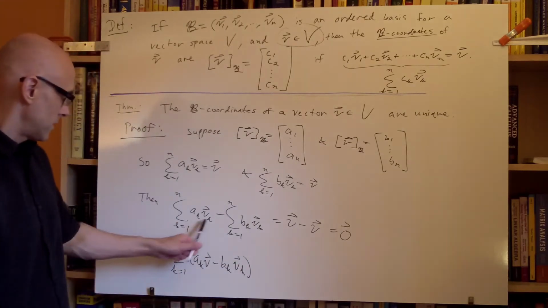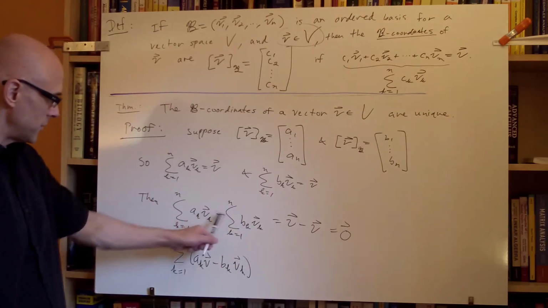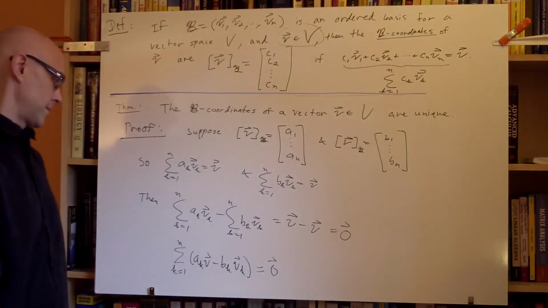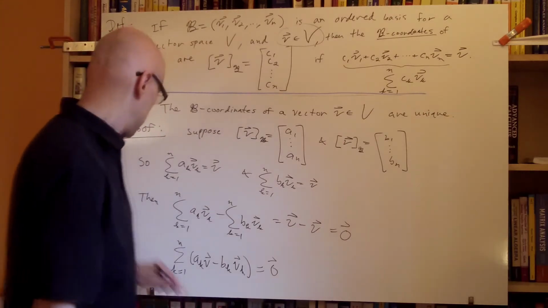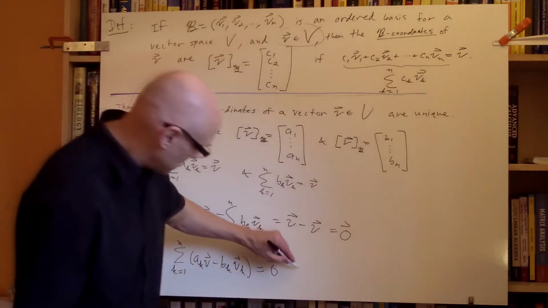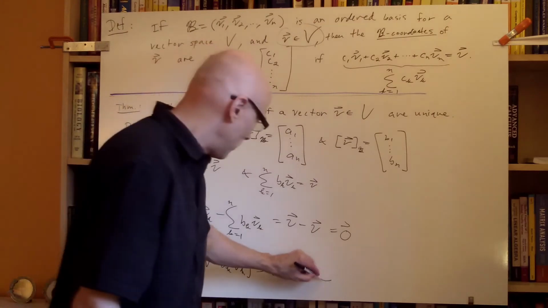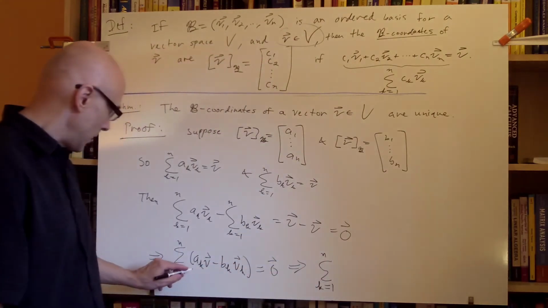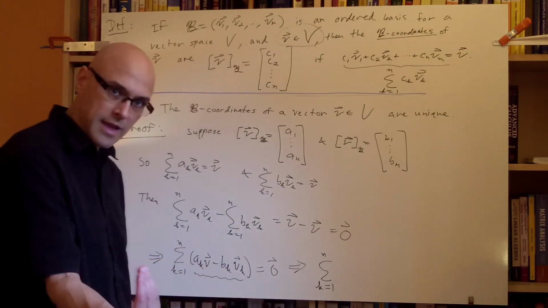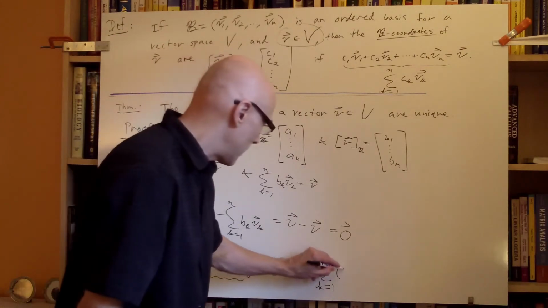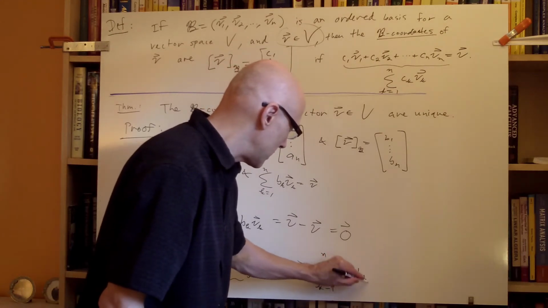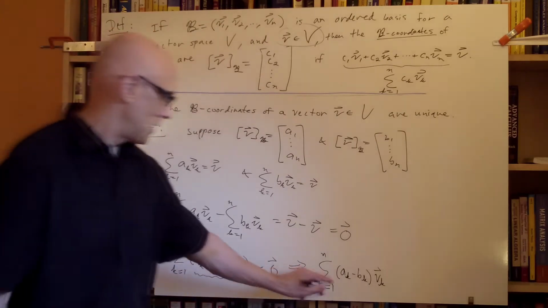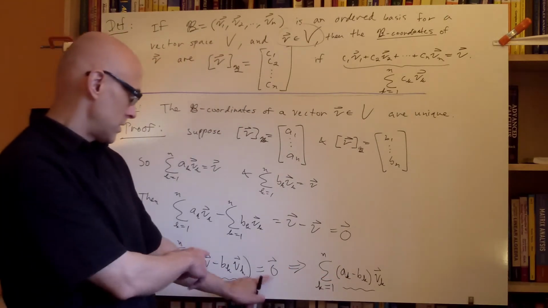So, subtract the corresponding terms of the two sums equals the zero vector. Okay, so then a little bit more buff and polish here. Sum k going from 1 to n of, we can certainly factor out the Vk here. So now we got Ak minus Bk times Vk in there equals the zero vector.